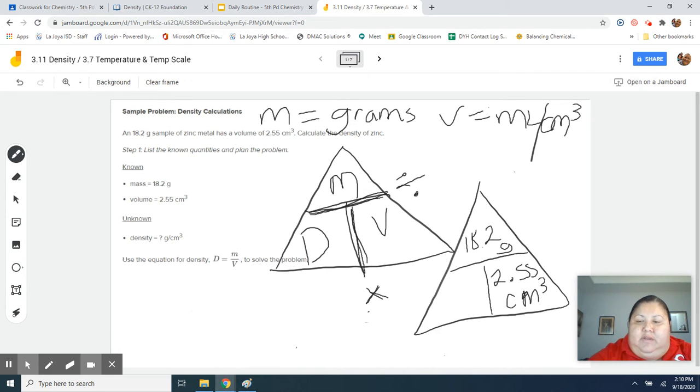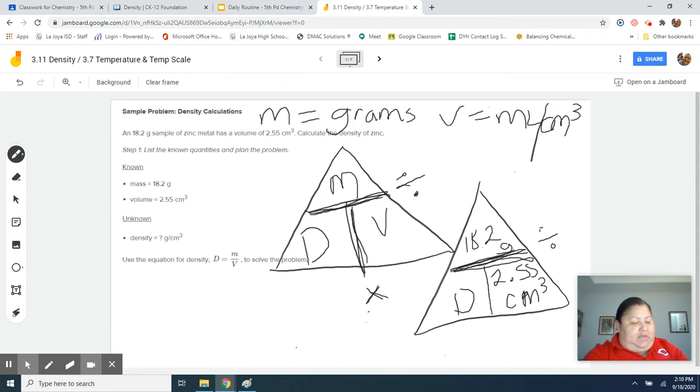Now, remember, we have numbers on top and on bottom of this horizontal line. So what are we going to do? We're going to be dividing. Once we divide these two numbers, we're able to calculate density.